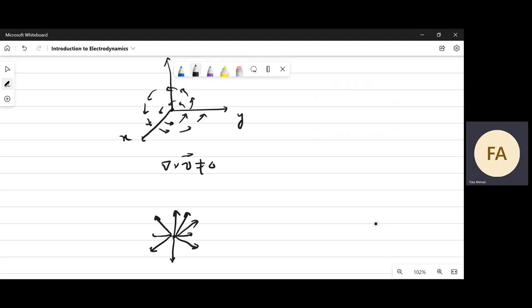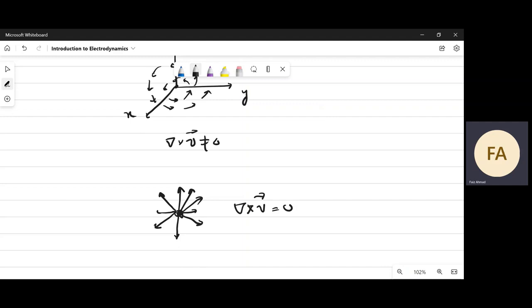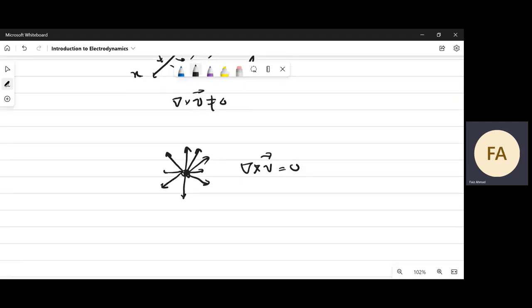If you take del cross V at, say, this point, then you will see there is no rotating field around this point, so we have zero curl.